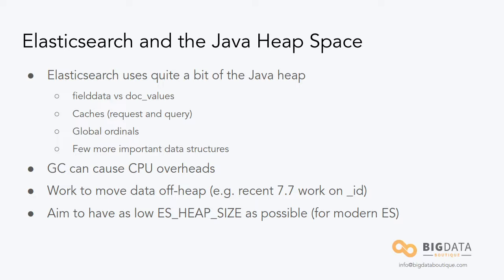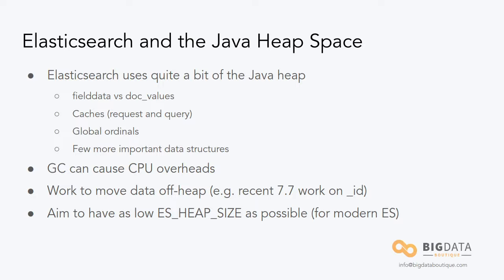For example, setting the heap size too large. Over 30 gigs, that is definitely an error. Over 50% of the memory you have on the machine, that's definitely something you shouldn't do. Usually we're going to recommend using a low number for the heap size on modern Elasticsearch clusters, mainly because in a lot of use cases you're going to use the disk more often than you're going to use the memory.